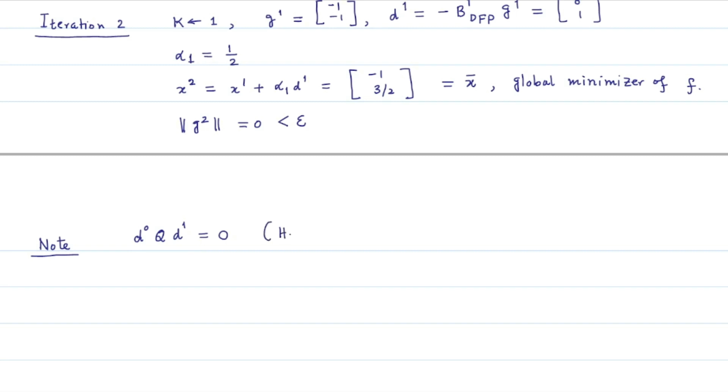You please verify it, and also verify that if we go for computing B2 DFP, that is in the iteration number 2, if we compute the update matrix B2 DFP, then you will find that this B2 DFP is the inverse of the Hessian matrix Q of the objective function. I am keeping this verification also as a home task. These two verifications are aligned with the result 2 that I have mentioned earlier for the DFP method.